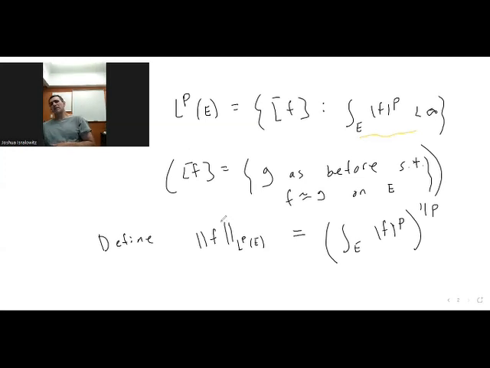You can almost forget that this is a set of equivalence classes, and just think of this as a set of functions, essentially.